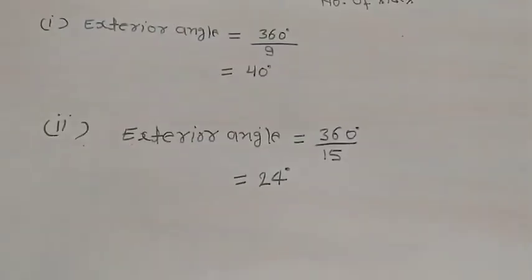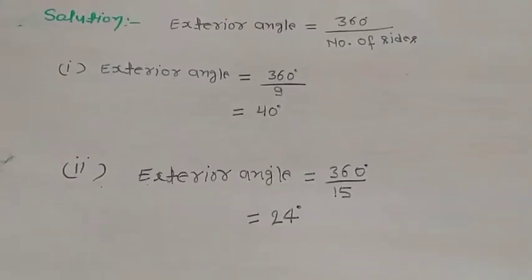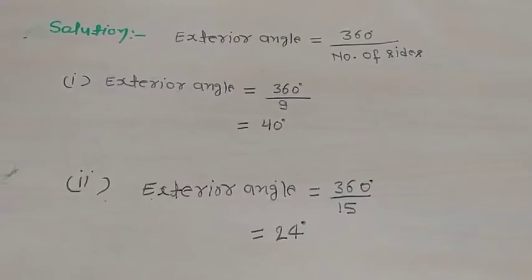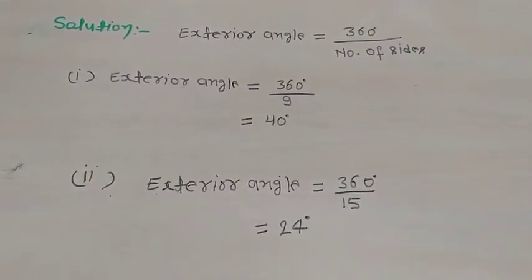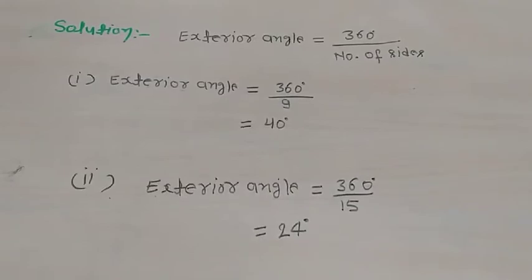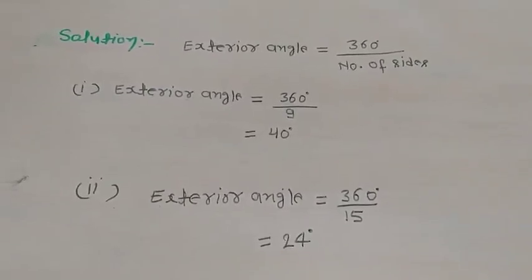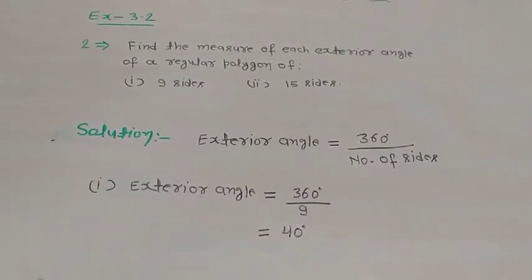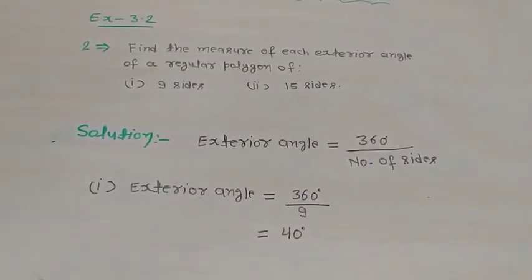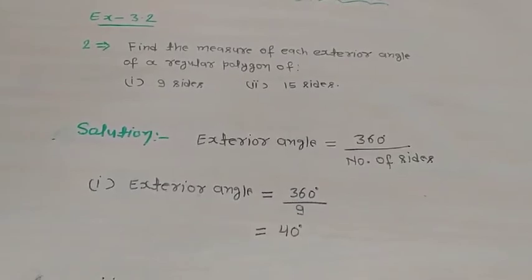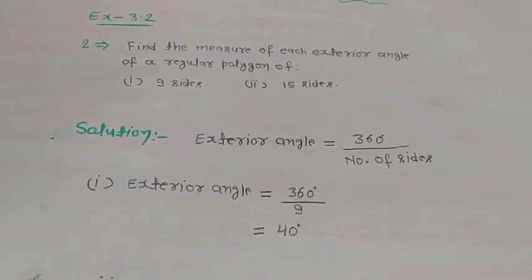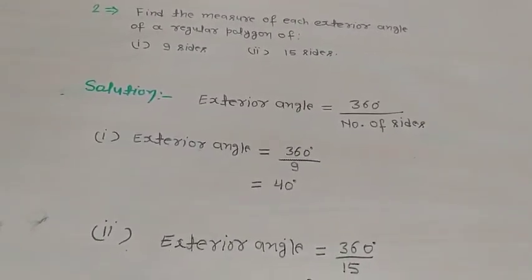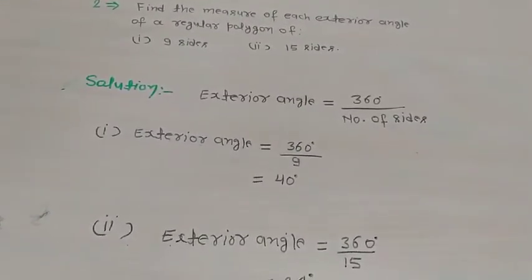In this way you can see we find the exterior angle of both parts. Exterior angle of the first part is 40 degree and exterior angle of the second part is 24 degrees. Okay, this is our question: find the measure of each exterior angle of regular polygons of 9 sides and of 15 sides. Okay, this is the formula. Exterior angle is equal to 360 degree by number of sides.